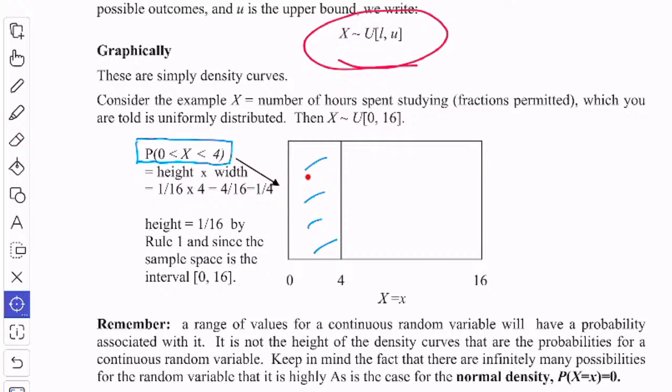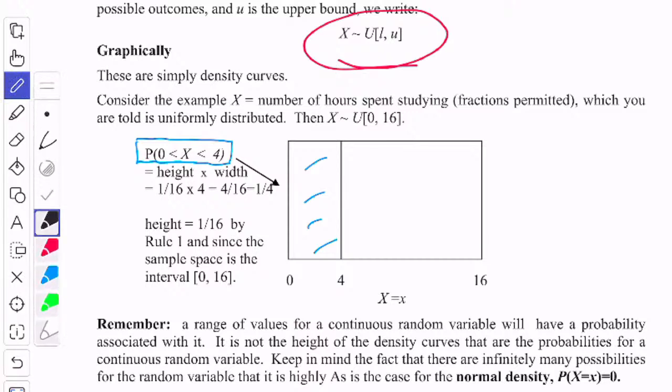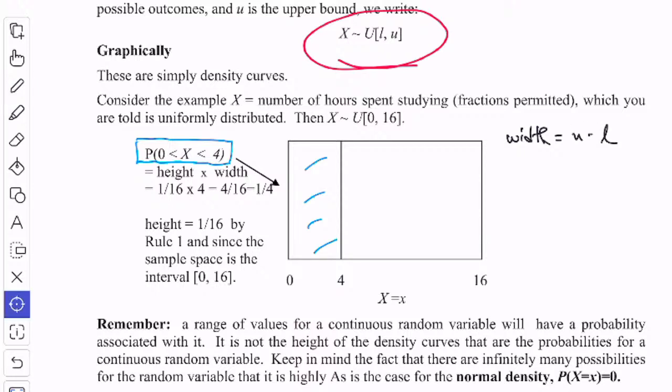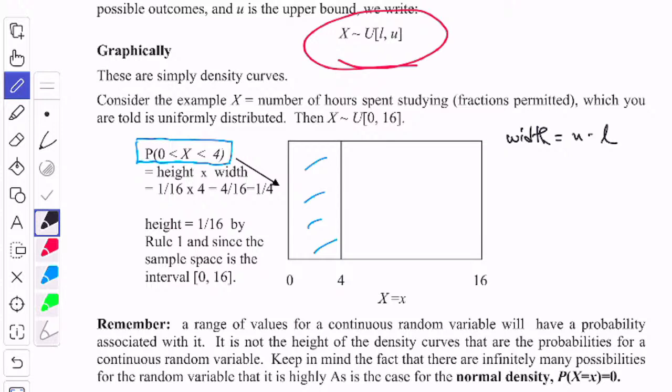Well, to calculate the area of a rectangle, that's height times width. Well, I have the width. The width is always computed as the upper minus the lower end. So maybe not the full upper, but of this rectangle itself, it would be 4 minus 0, so that's 4. So that's the width. The height, I'm told here it's 1/16.